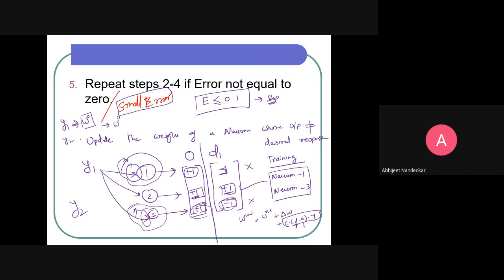Then you will take Y2. You will check the output using W1 as your weight, and then if required you will change the weight. So like that you will keep on applying the inputs. If you have n inputs, you can change your weights n times. So finally this will be your weight after one iteration.